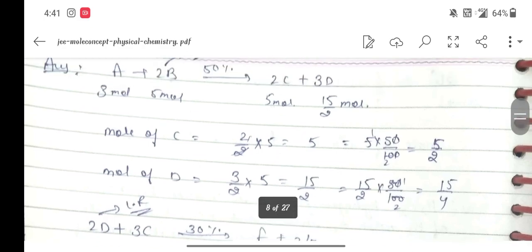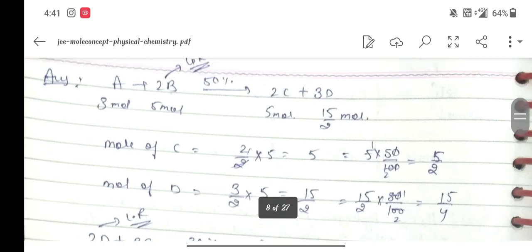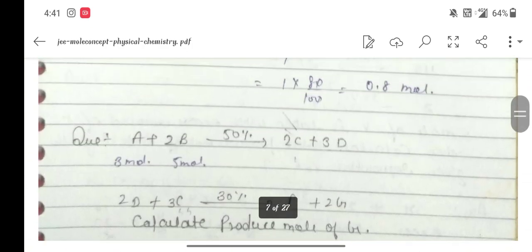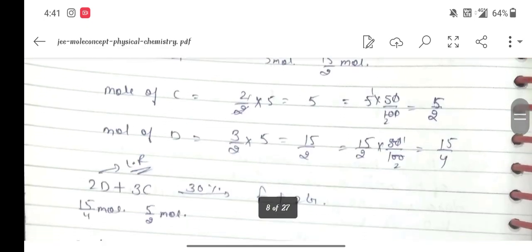Here 50% is given. In one reaction they have given 50%, and in another they have given 30%. So 50% and 30% we are taking. So if we convert the percentages to the values that they have given, like 30 and 50, we get 50 by 100.